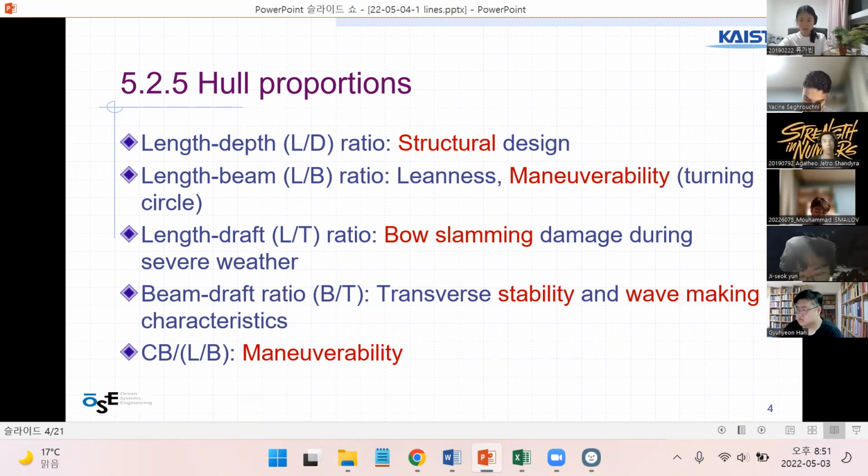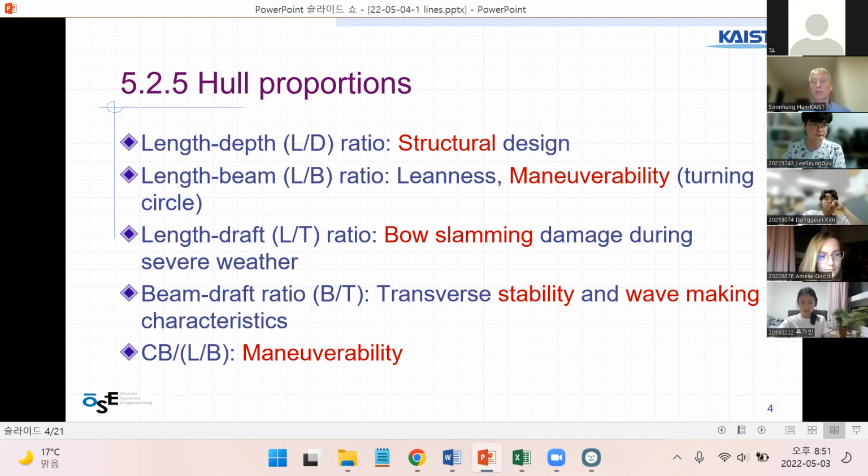So maneuverability has two options, as Sunguli pointed out: there is a turning ability, and another one is a course keeping ability. That is different options. So one ship with good turning capability is not good for course keeping capability.